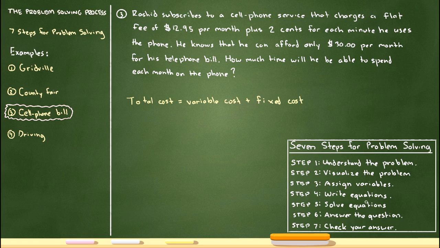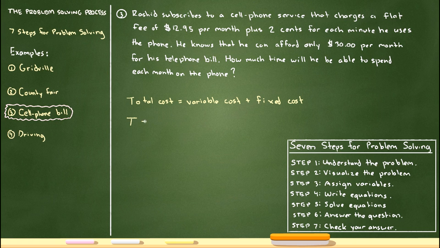Okay, and I know basically step 4 is writing these equations. But if writing equations helps you understand or visualize the problem, then certainly try that as well. So, how much is this cell phone bill going to cost? Well, let me call that T. So this is assigning variables, essentially, step 3.